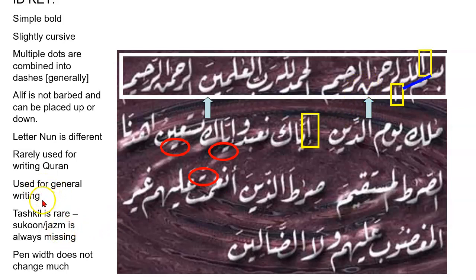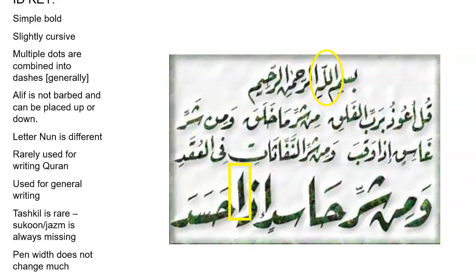Now, rarely are you going to come across Riqa as a wall decoration or a frame. Again, this is just to recognize everyday common writing. So again, Riqa is very, very fast writing, simple writing, and short writing.